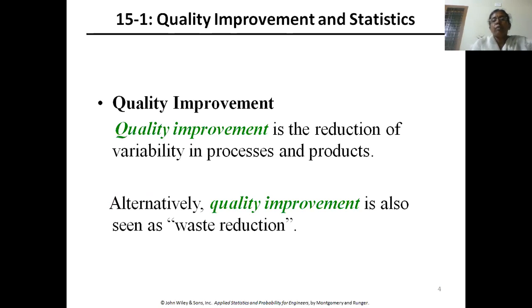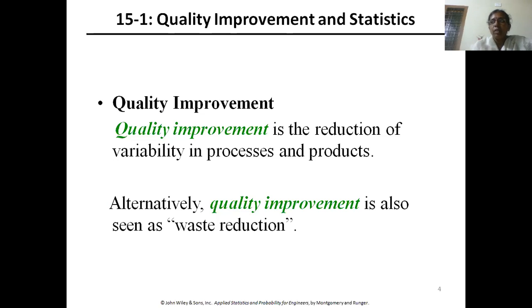What is quality improvement? See, whenever there is a defect or whenever one product is different from the other product, that means the quality of one product is better than the quality of the other product. So we say that there is a variability.